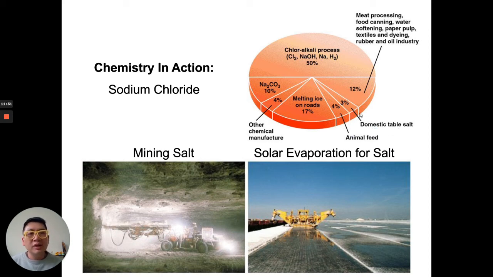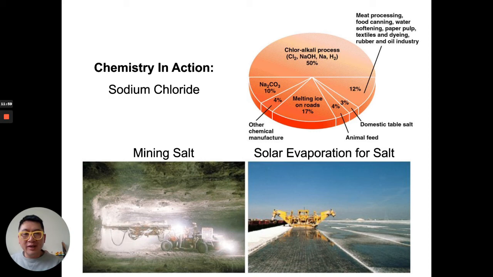Domestic table salt is about 3% of all the salt that we either evaporate from the ocean for sea salt, or mine. It's actually used for human consumption, or cooking, whatever. Most of it's used for industrial purposes or melting ice on roads. Glad I don't have to live in that.